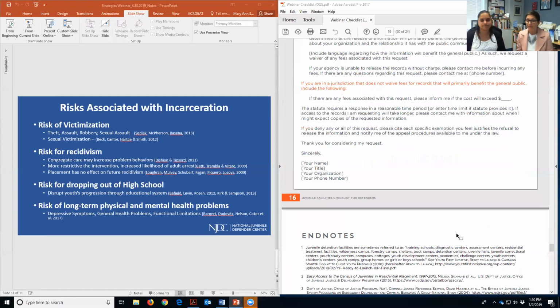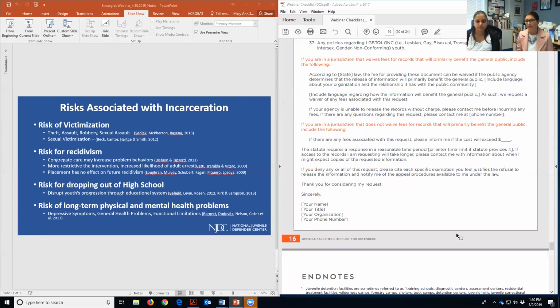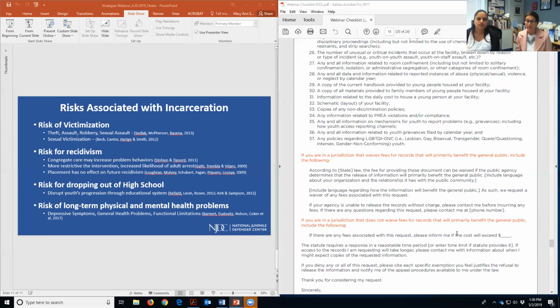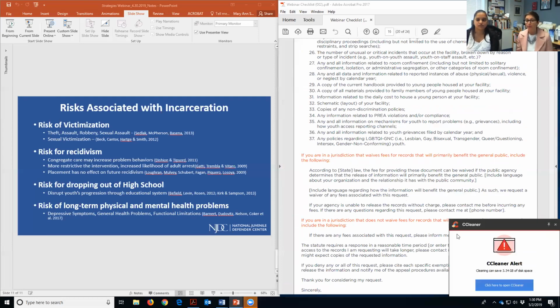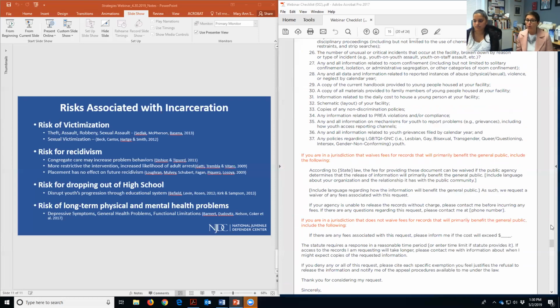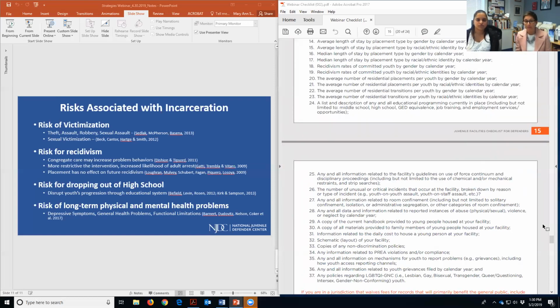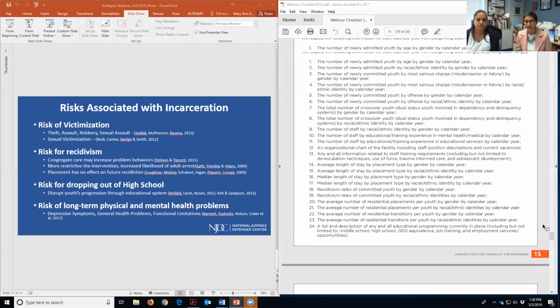And again, this is a sample for you, and really all of this is about getting information that we can use in our advocacy. So the facilities checklist provides a really wide range of information that we hope you yourself can gather, or that you can work with your colleagues to ensure that you gather. But this FOIA request is just a great sample of a way to try to begin to collect some of the information about the facilities where young people are housed.